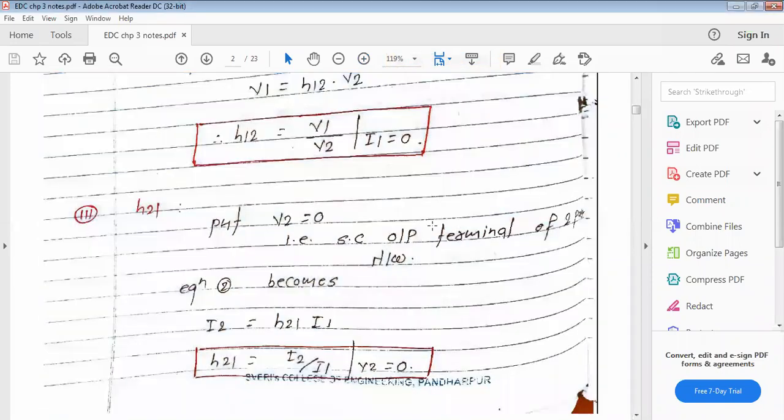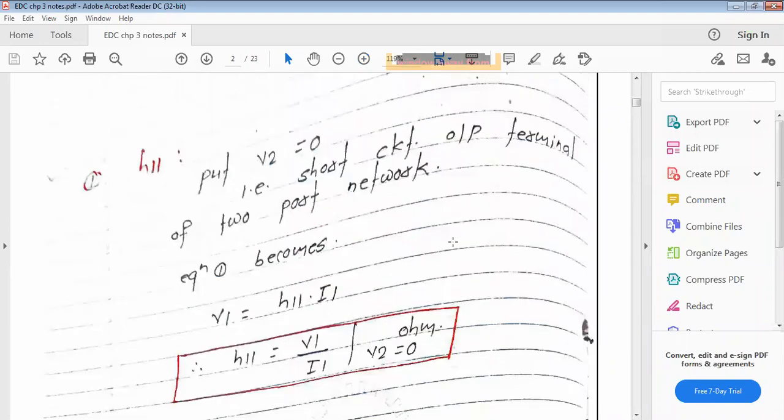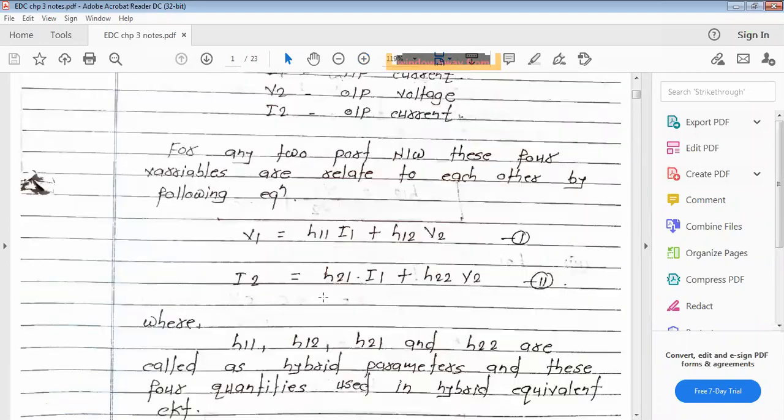Now next, how to calculate the value of H21? For calculating the value of H21, we have to first make V2 0. Once this term is 0, the only term remaining in the equation is I2 equal to H21 into I1. So how to calculate H21? It is I2 upon I1.